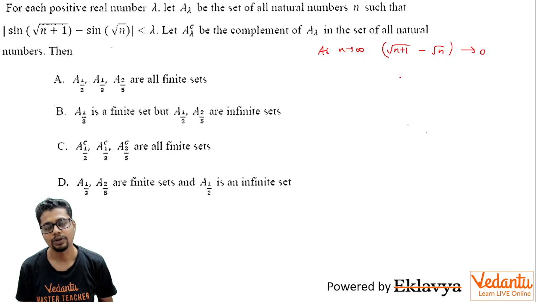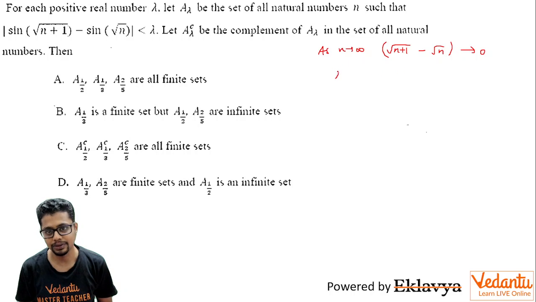For example, root 4 minus root 3 is 2 minus roughly 1.732, so roughly 0.26 something. So what about root 100 minus root 99? It will be much less. Root 10,000 minus root 9,999 will be much lesser.